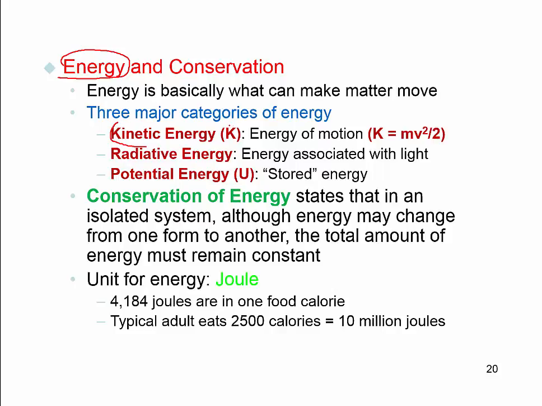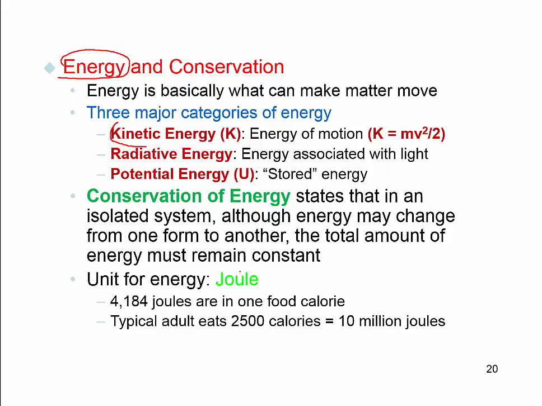Kinetic energy, we represent it by K. Potential energy, we represent it by U. So kinetic energy, potential energy, then the radiative energy. Now, conservation of energy says that the total amount of energy in the universe will remain a constant. But energy can change from one form to another, but the total energy will always remain a constant.